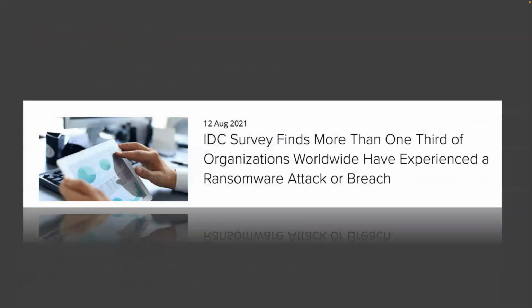So you can see here, one third of organizations have been attacked or experienced ransomware in the last few years. And just because you think it's not bothered us for a while, it's going to go away, it's not going to go away. It's still here.